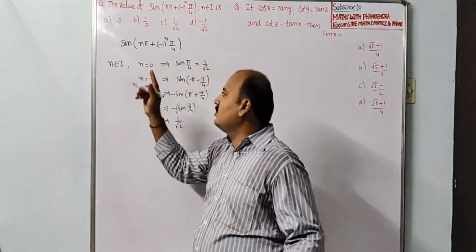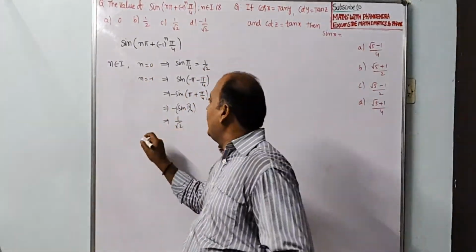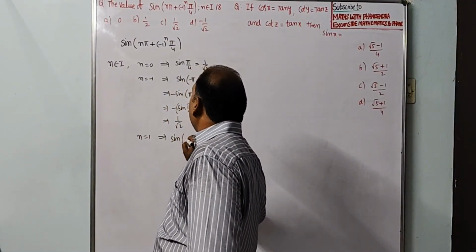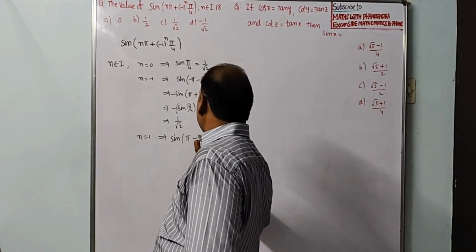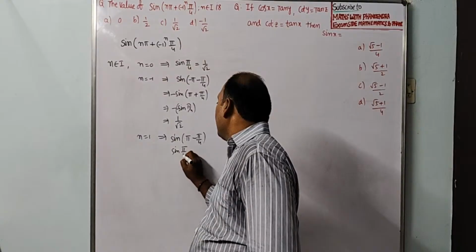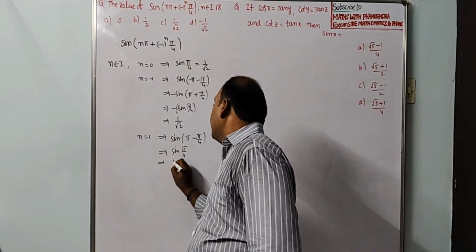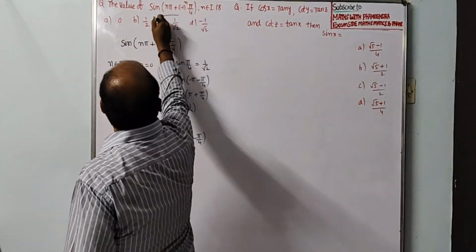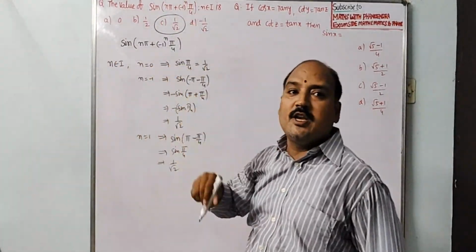If you take n is equal to 1, sine pi minus pi by 4. Sine pi minus theta is what? Sine pi by 4 only now. So whatever the category you are taking, you will get answer 1 by root 2. So therefore the value of this one is 1 by root 2, the right option.